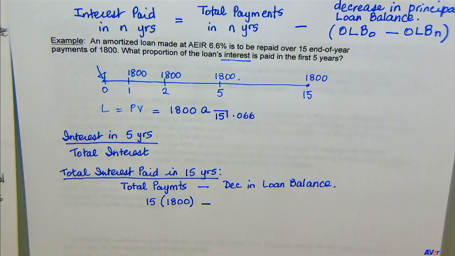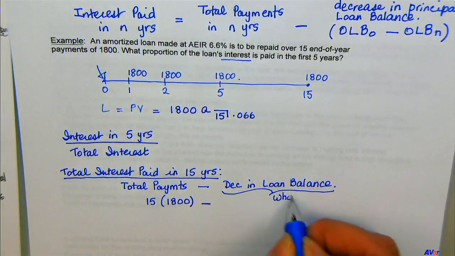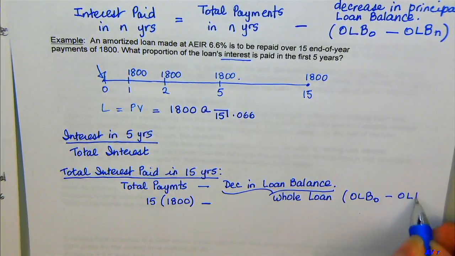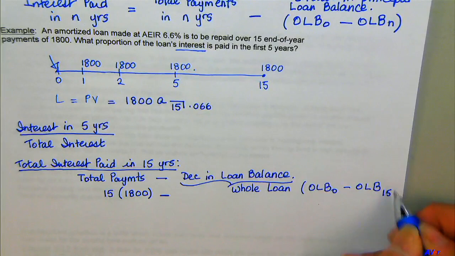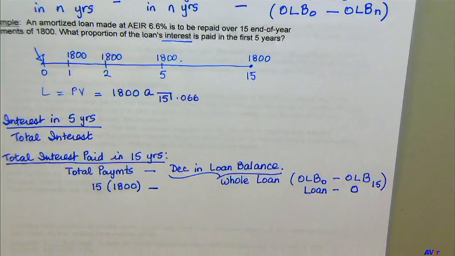In the beginning of the 15 years, you had OLB 0 of the whole loan, and OLB N is 0 because you've paid the whole loan. So OLB 0 minus OLB at the end, 15, where this is 0 and this is the whole loan.